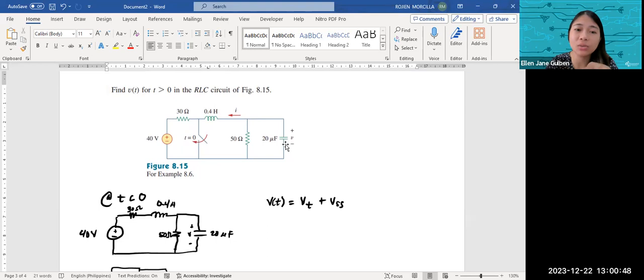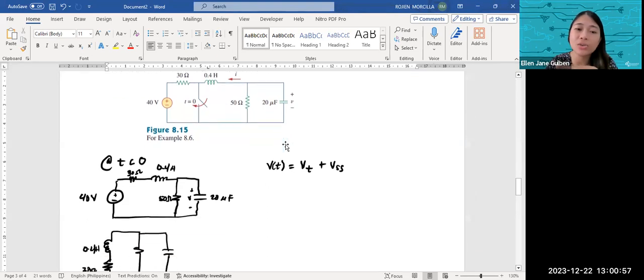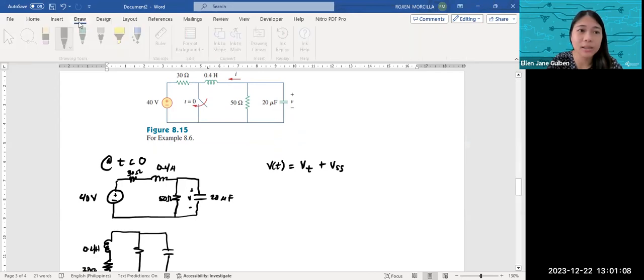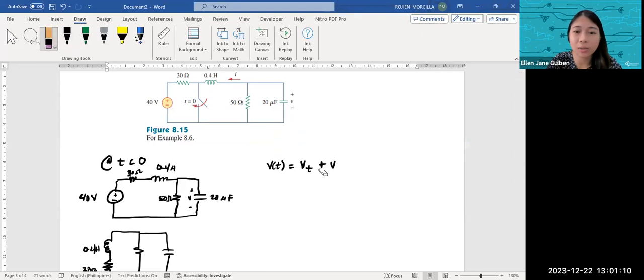So we will just need to determine the current and the voltage of the capacitor for our initial value. Anyway, just to show you, let's do the problem first and then let's show that one later. Let's do the problem first para dili kayo malibog.